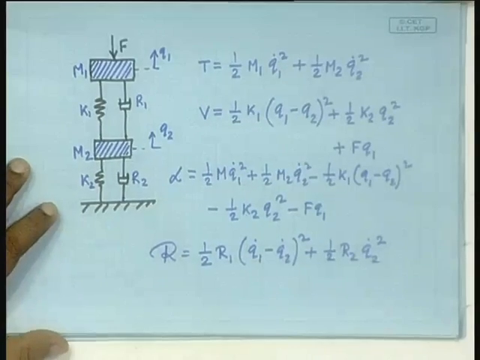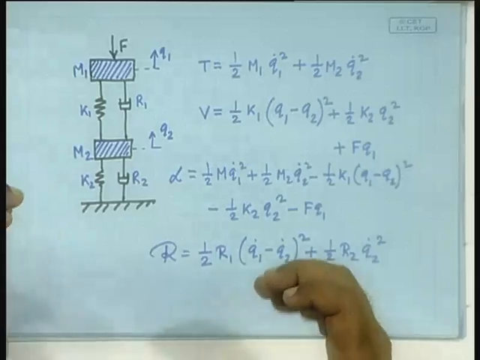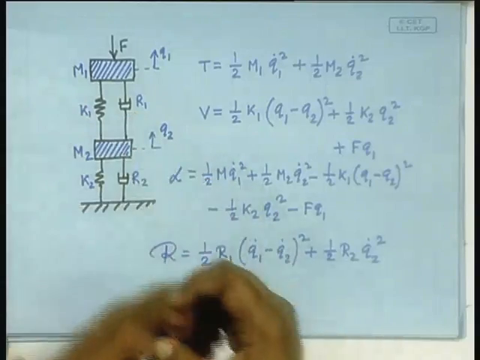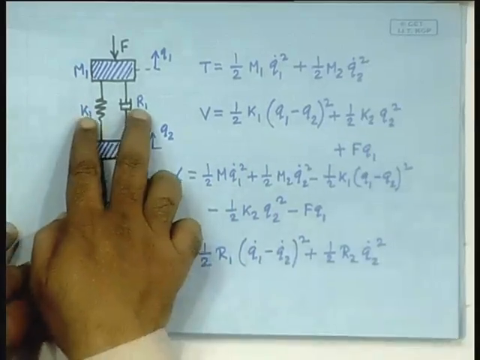You may have seen this arrangement in the back, around the back wheel of motorcycles. You get a cylinder in which the friction and spring arrangement is there. Exactly this kind of arrangement is used in order to dampen or cushion the rider's motion.